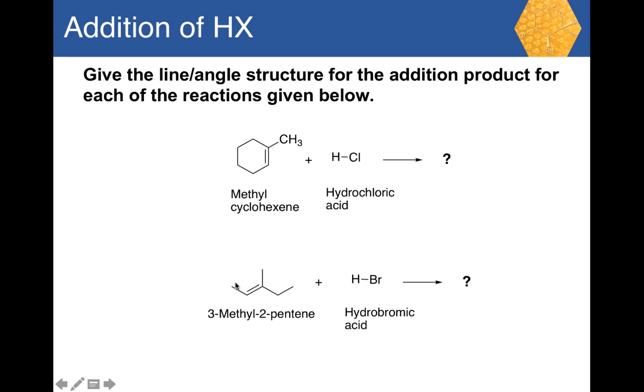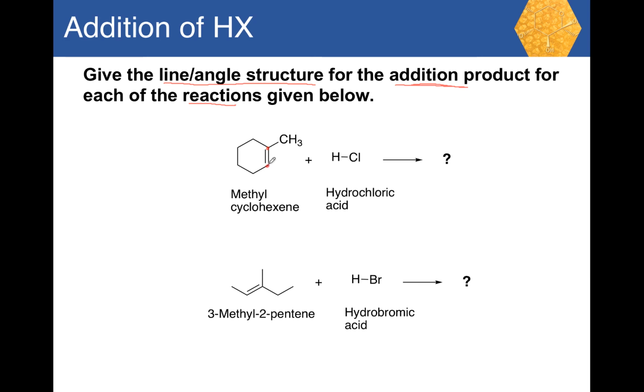Let us look at an example. If you were asked to predict the major product, let's look at the question. Give the line angle structure for the addition, notice addition, reaction for each of the reactions given below. So this is the major product here. Here's a double bond. Here's one carbon off the double bond.